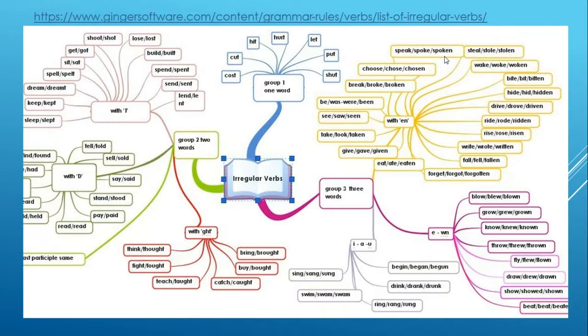Now, what's the difference? And there I can tell you that it's like in Spanish. Habla con el profesor. Habla, speak. Él habló, past tense, con el profesor, spoke. Él ha hablado con el profesor. He has spoken to the professor. See the difference?